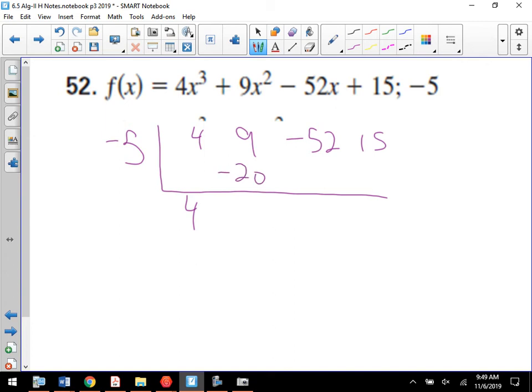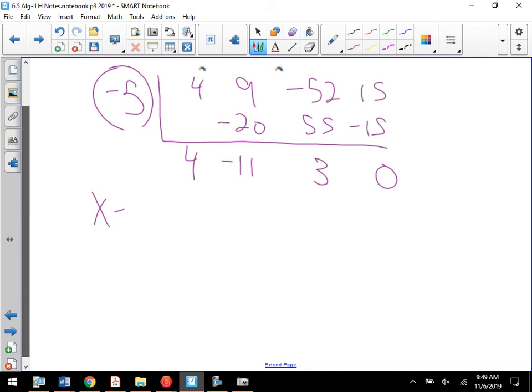Multiply, add, multiply, add, multiply, add. You should get 0 because it told you it was a 0. So now we know that -5 is the 0, which means that x plus 5 was the term that generated it, and it left me 4x squared minus 11x plus 3.